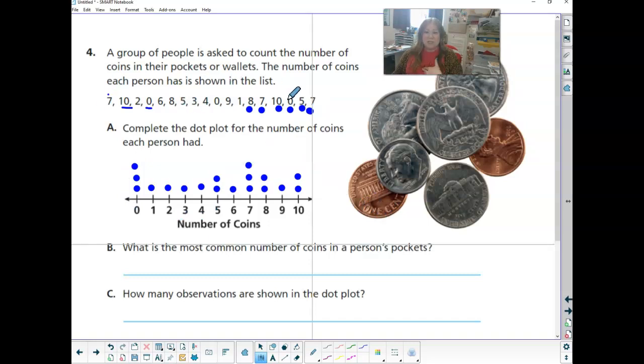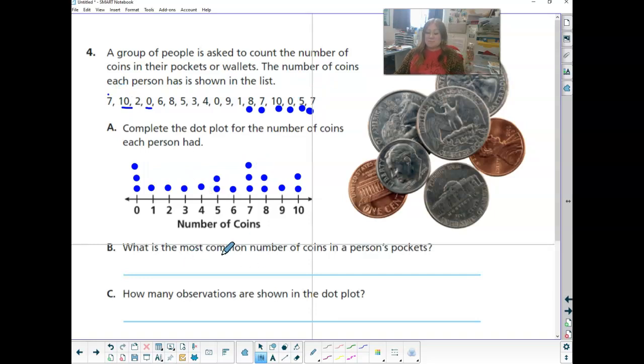So your dot plot should look like this. A dot for each person and their coins. So the most common number, right? So here's the number of coins. These are the people. So the most common number, we look for the highest. And I actually see 2 that have the same amount. So there's 2 that are going to be the most common, 0 and 7.